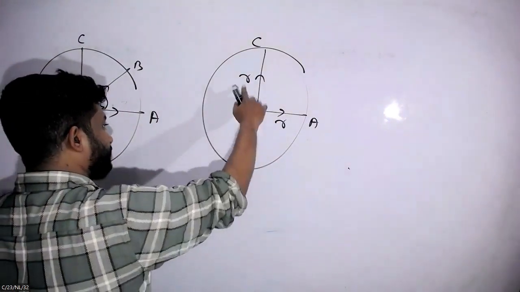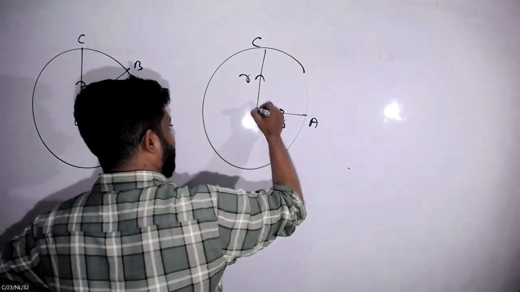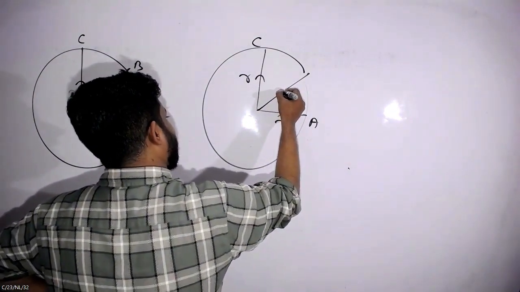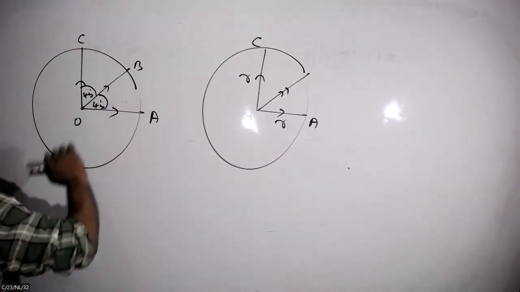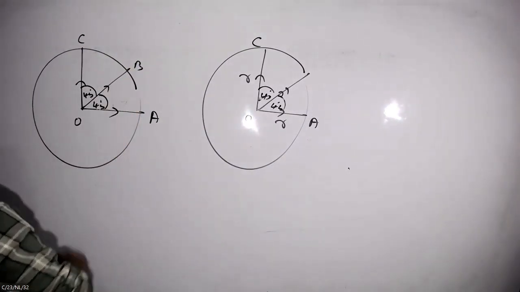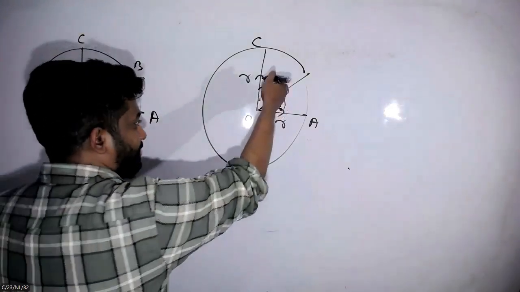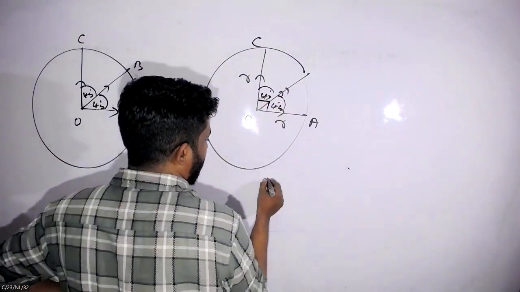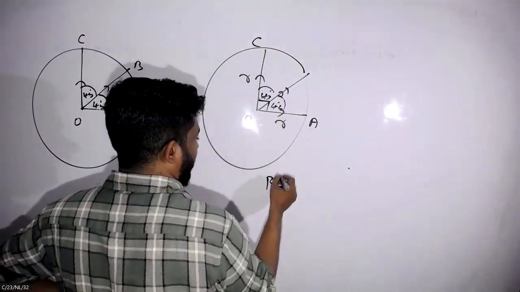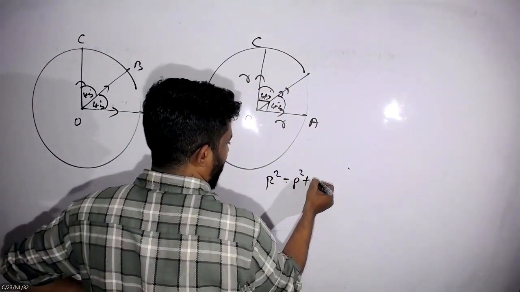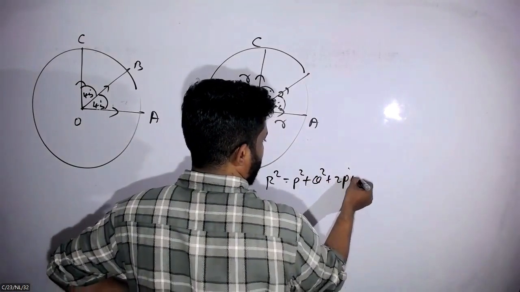Then the resultant of these two vectors bisects the angle between them. That is, this resultant passes through the OB vector, which is at 45 degrees. You can apply the parallelogram law to find the resultant of OC and OA. R squared is equal to P squared plus Q squared plus 2PQ cos theta.